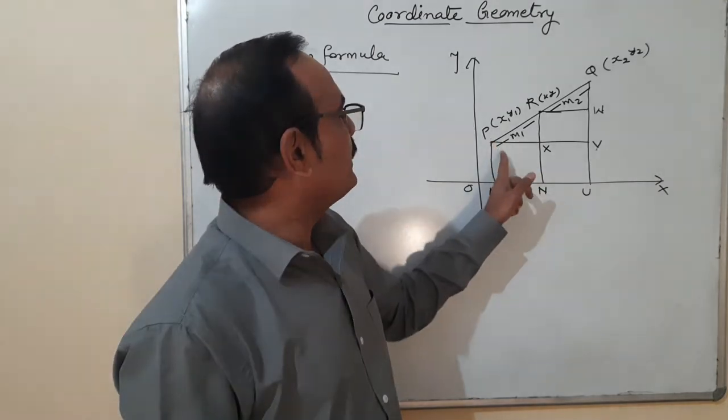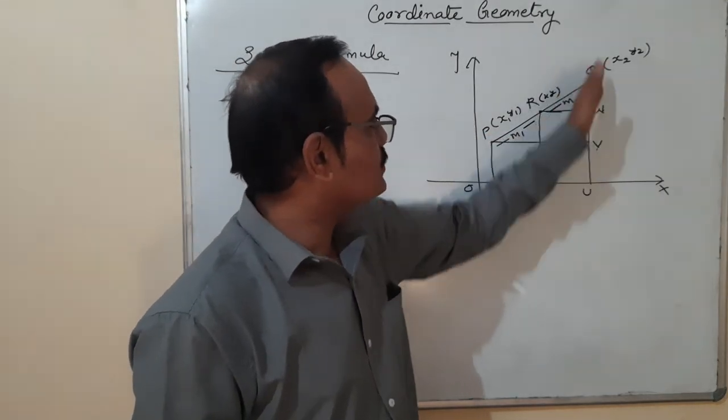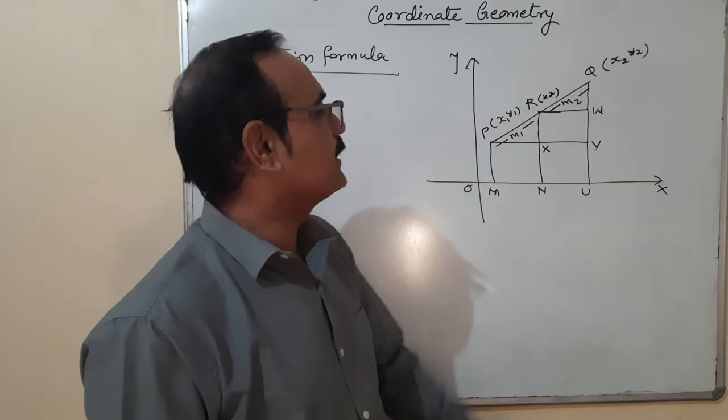And through points P and R, draw 2 perpendiculars on QU, that means at 90 degrees.